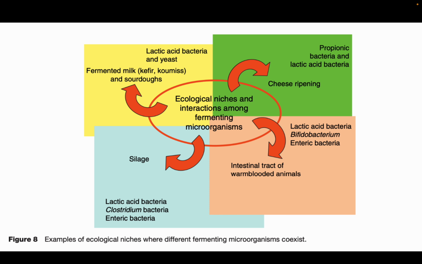In the GIT of warm-blooded vertebrates, primary activators that carry out different fermentative pathways are lactic acid bacteria, Bifidobacterium, please remember this, Bifidobacterium, and enteric bacteria. And in the case of silages, lactic acid bacteria, Clostridium, and enteric bacteria are the primary activators.